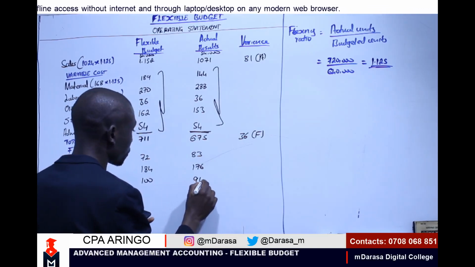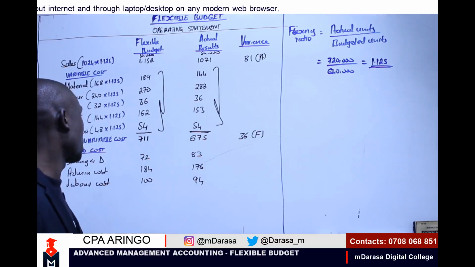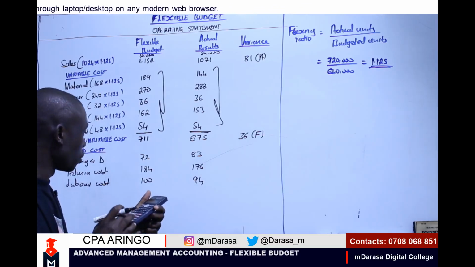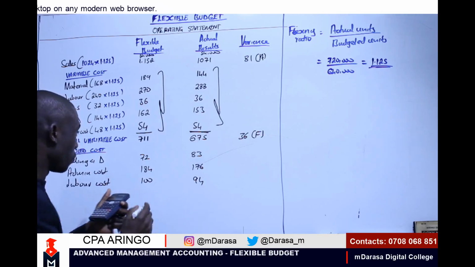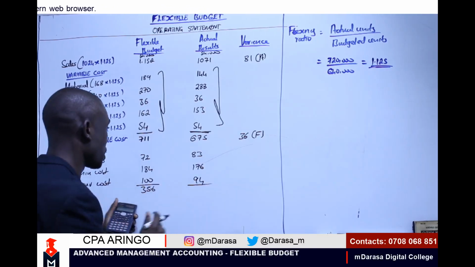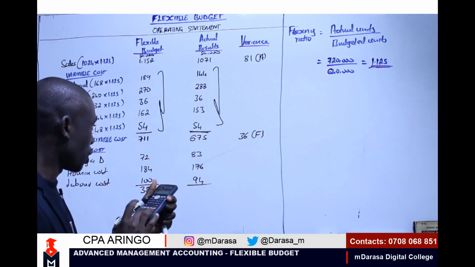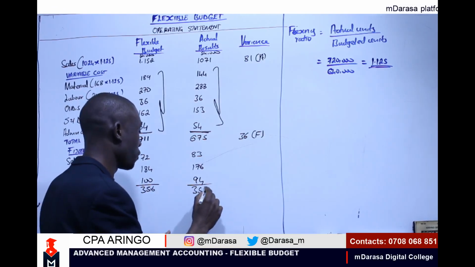So therefore, clearly, we can clear this question now. I should be talking of 72 plus 184 plus 100 to give us a figure of 356 total fixed costs. And on the other side, 83 plus 176 plus 94 to give us a figure of 353.